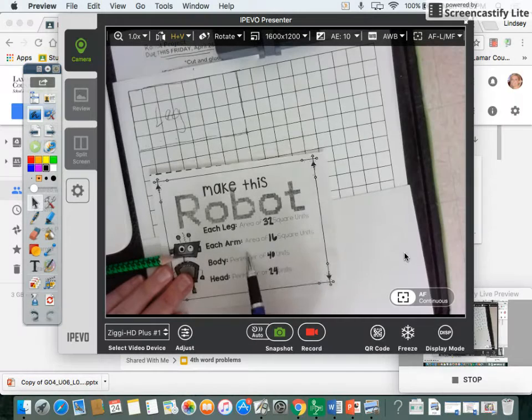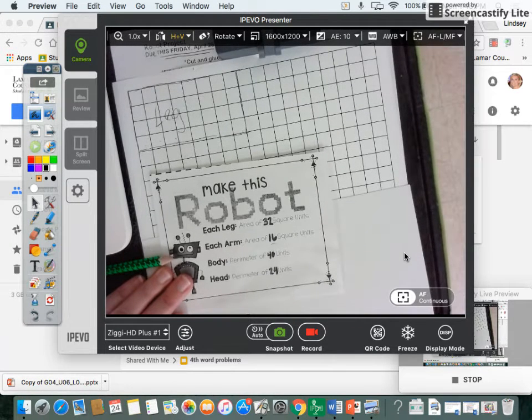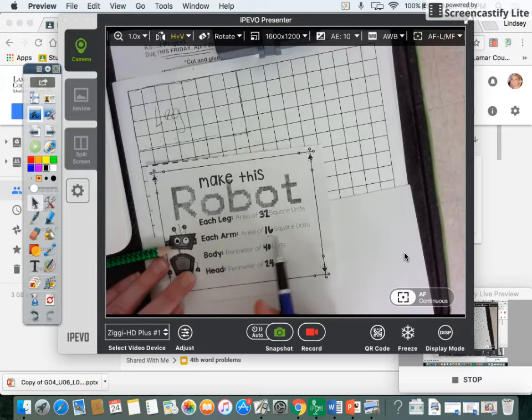I would do the same thing for the arms. I would think of what 2 numbers I can multiply together to get 16. And there could be many different options. If the person beside you has the same number, if they have 16 square units for their arms, they might have one that is how long? 8 times what? 8 times 2. But somebody else might have their arms, and it might be what? Okay.